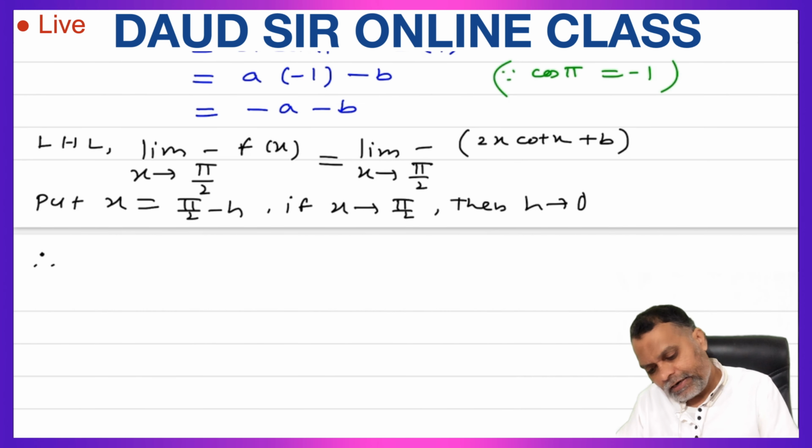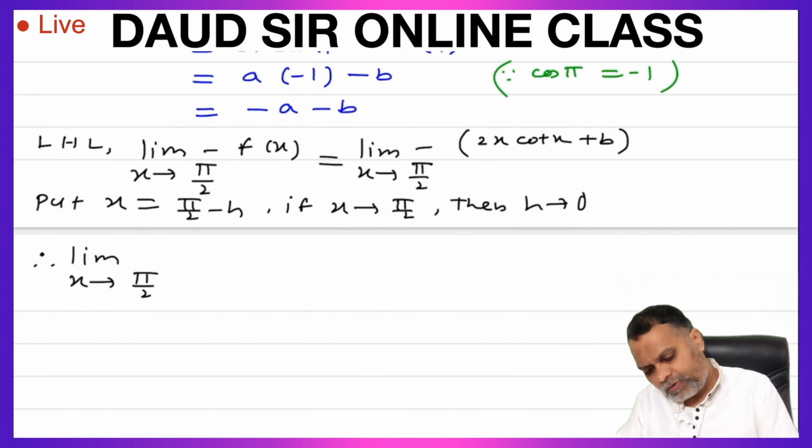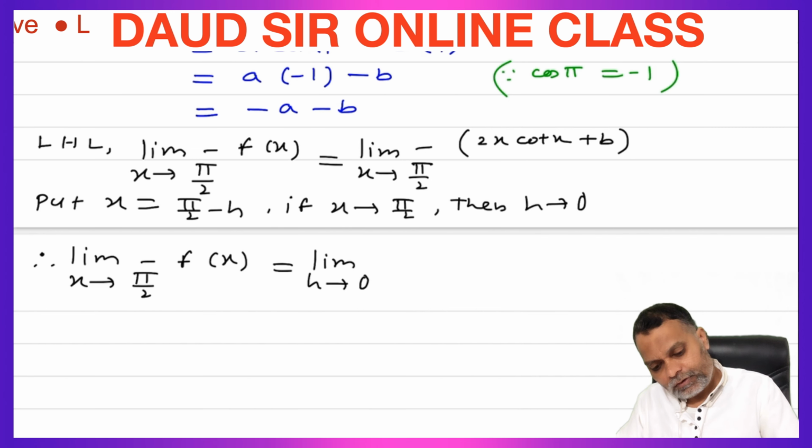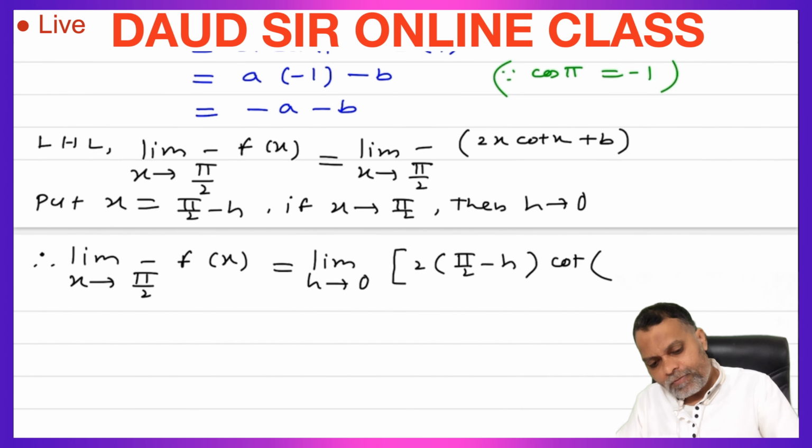Therefore, left hand limit will become limit x tends to pi by 2 minus f of x is equal to limit h tends to 0 of 2x cot x plus b, with x is equal to pi by 2 minus h.